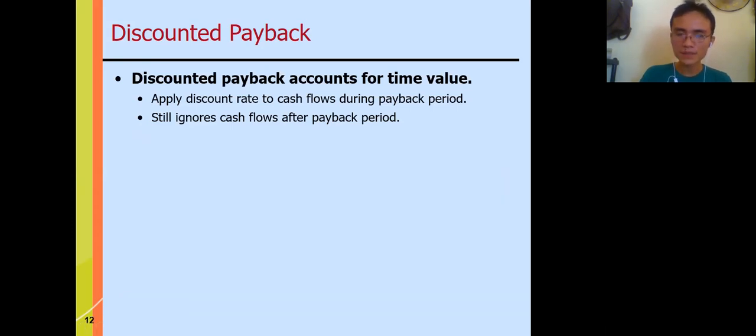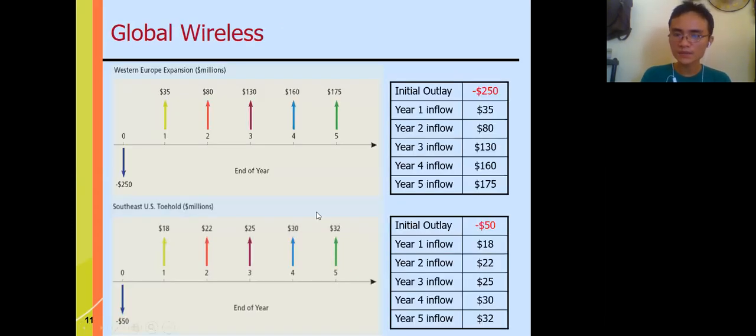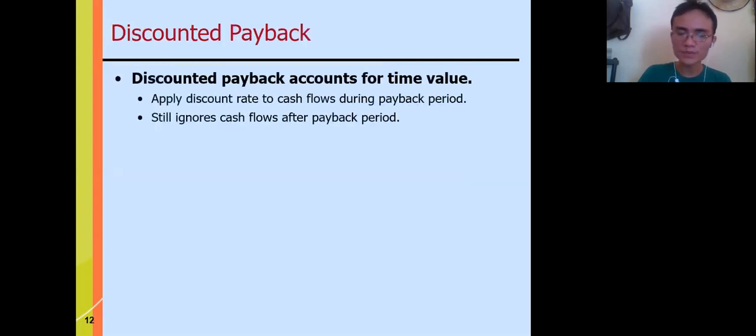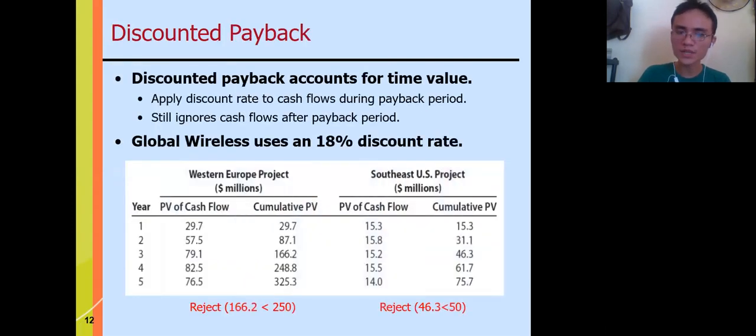Then going back, for Southeast US, what we can do is that whatever was the computed 1.18 to the power of negative 1 should be multiplied by 18. Negative 2 power is here and negative 3 power is here, and continue up to the 5th inflow. So that we will be seeing this here, the summary.